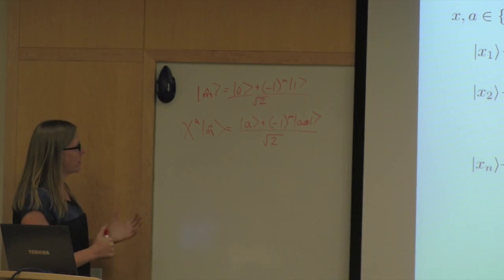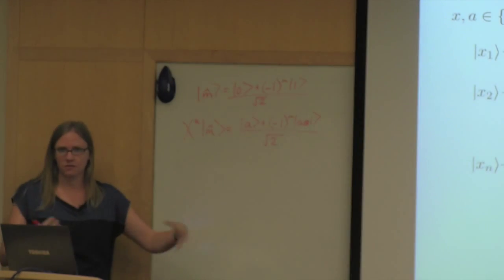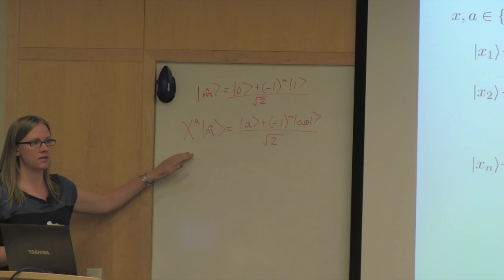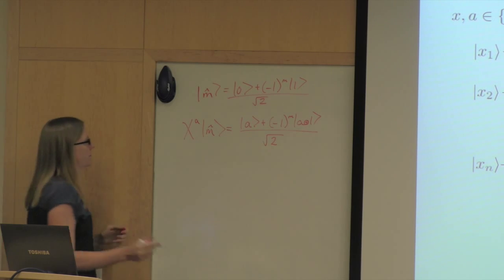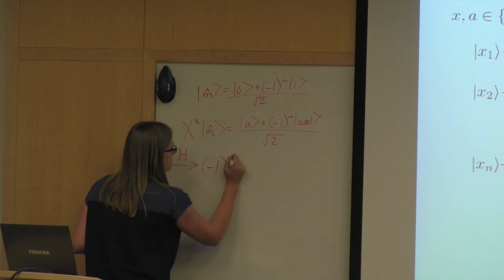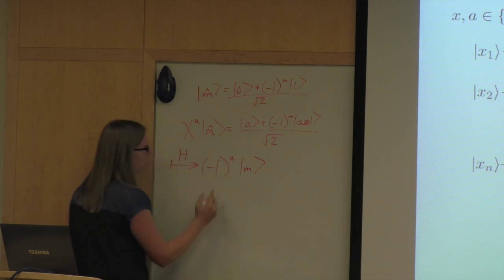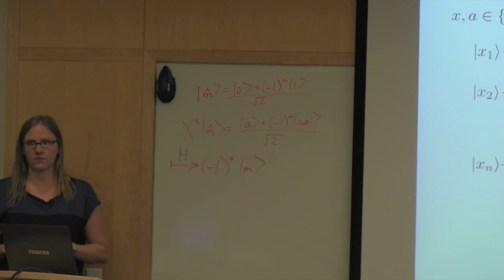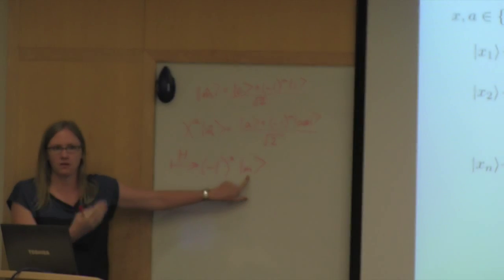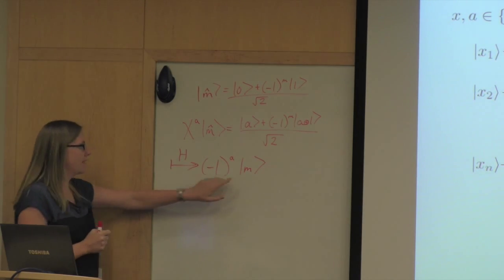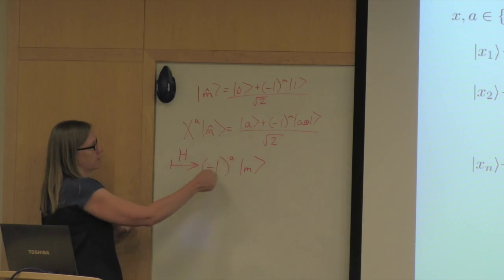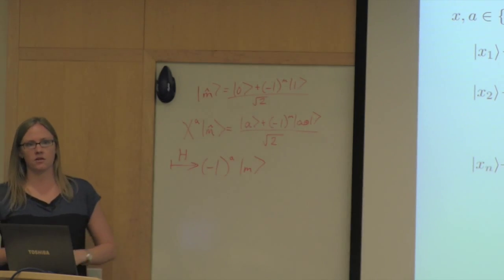Okay, so now I'm going to put this out into the world, and I'm going to suppose that this is an encrypted state. Now, if somebody were to apply a Hadamard gate to this and map it into the standard basis, the result would be this state. So I will have either 0 or 1 in the standard basis, depending on the choice of m. And then I'll have possibly a -1 in front, depending on my choice of a. But this scalar in front of my state is not something that a measurement cares about.